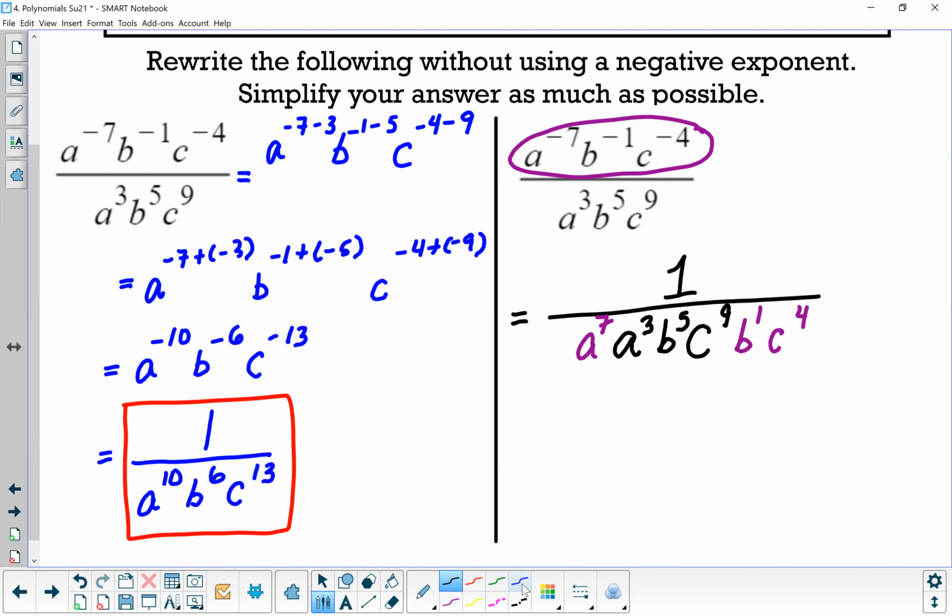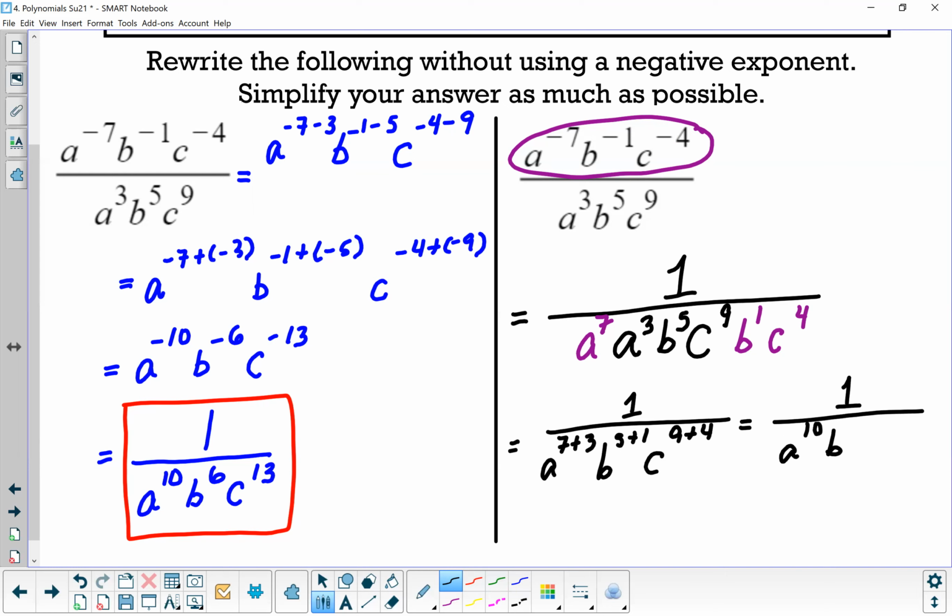Okay, let's simplify this by adding our exponents. So essentially what we will be doing is a to the 7 plus 3, b to the 5 plus 1, and then c to the 9 plus 4, which equals 1 over a to the 10th, b to the 6th, c to the 13th.